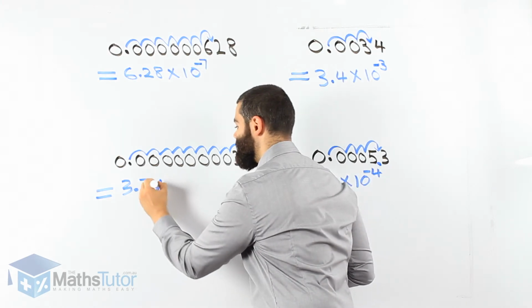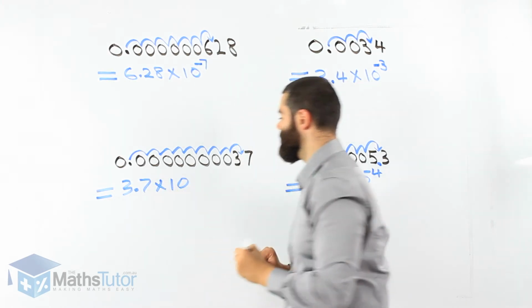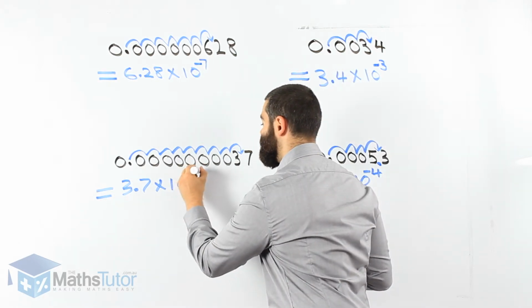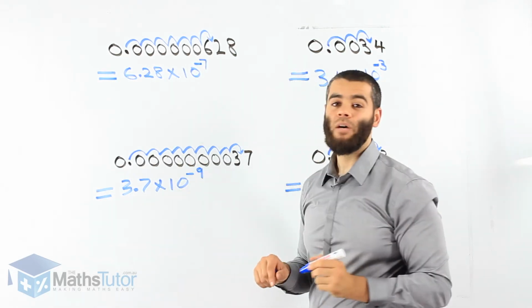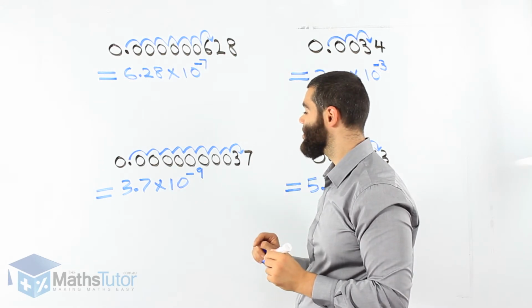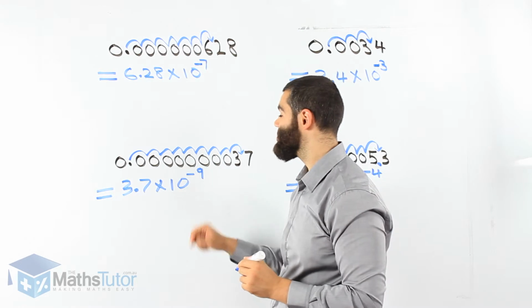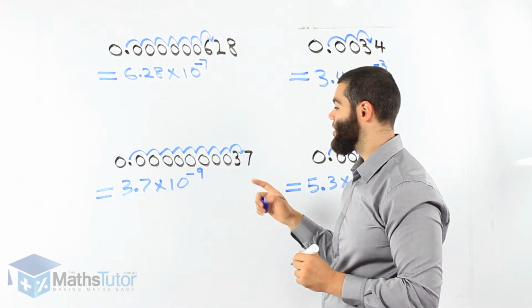Now times 10. Always times 10 to the power of negative 9. We jump 9 times to the right. That means it's going to be negative 9. 3.7 times 10 to the negative 9.